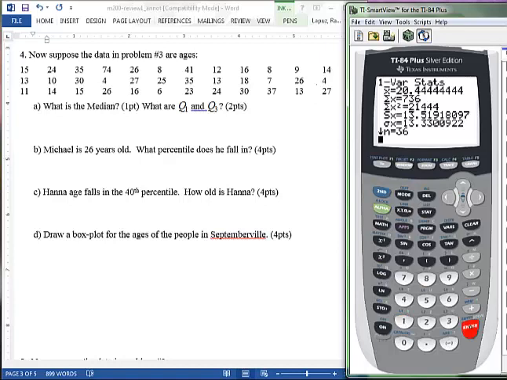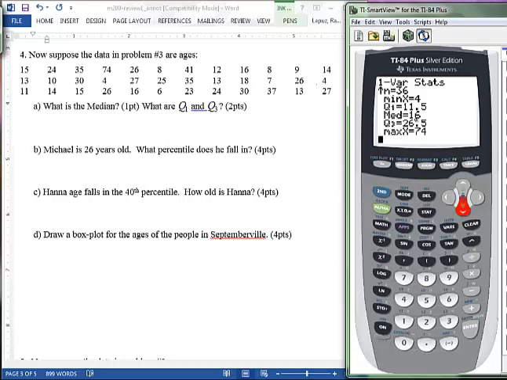Not only will it give us all the important pieces of information that I would normally be asking for, like the mean. Remember that the standard deviation that we want to report is the S, and we have n equal to 36 there. If we scroll down to the next page, we have the minimum, the Q1, the median, the Q3, and the maximum. So we're going to use the median here.